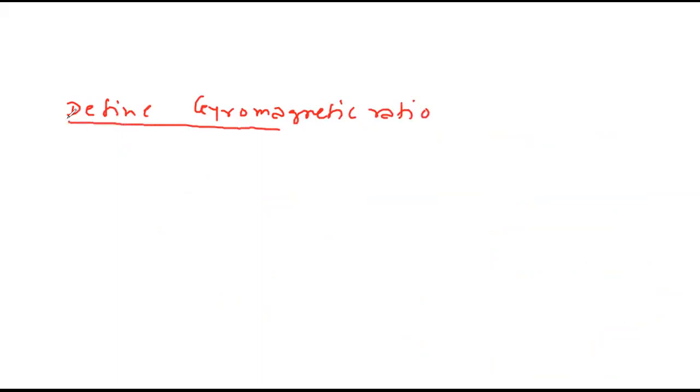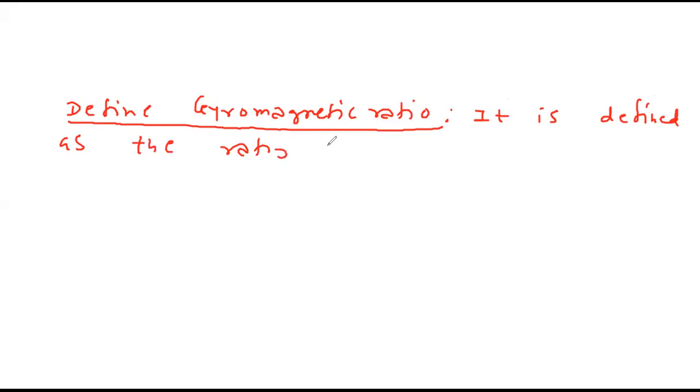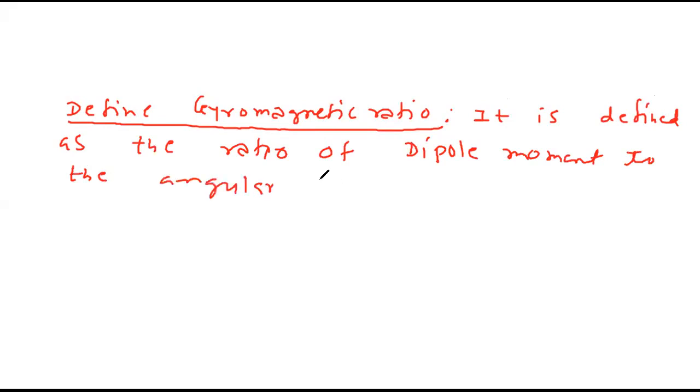Right. Define gyromagnetic ratio. It is defined as the ratio of dipole moment to the angular momentum of a moving charge.